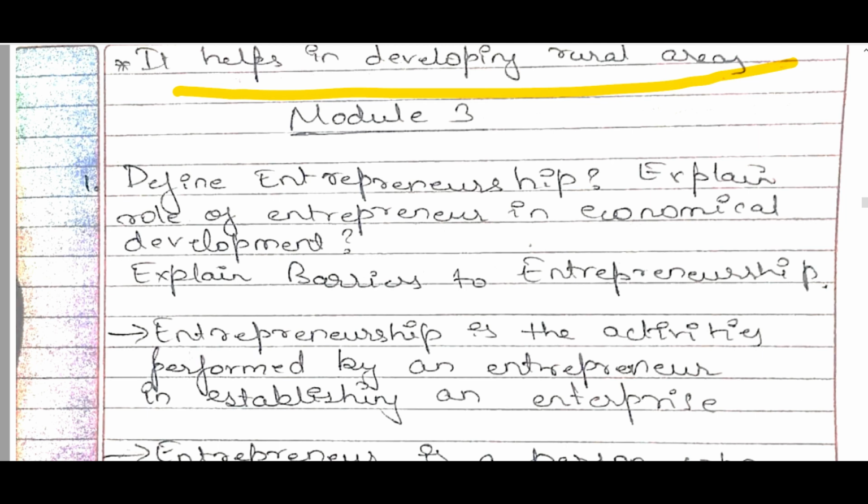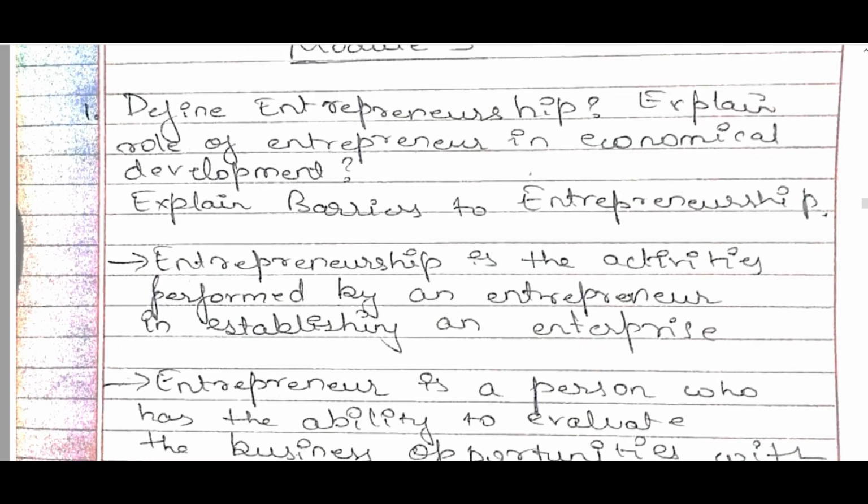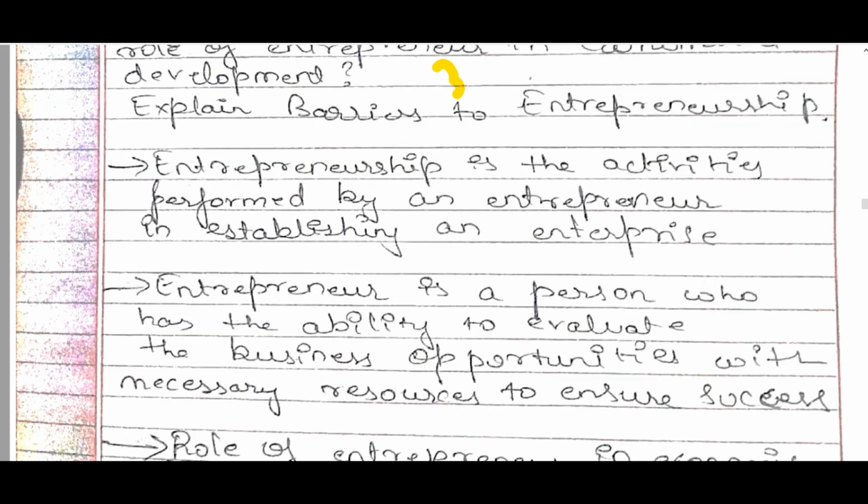Define entrepreneurship. Explain the role of entrepreneurship in economic development of India. Explain barriers to entrepreneurship. These are three questions I have combined into one. If you study this one question, it corresponds to studying three questions. Entrepreneurship is an activity performed by an entrepreneur in establishing an enterprise. Very simple definition.